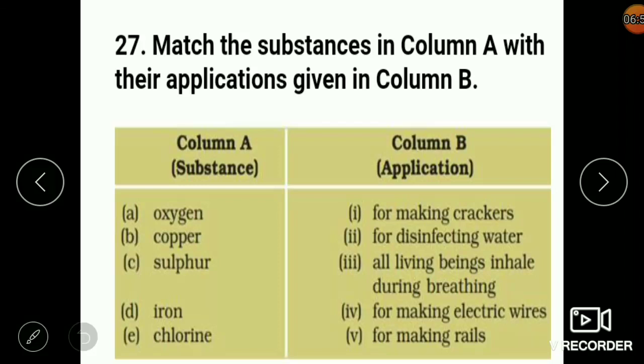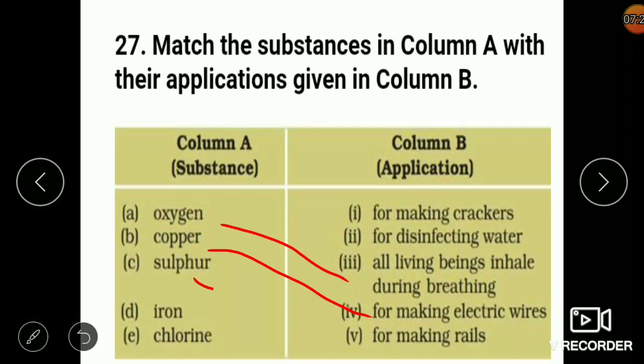Okay, oxygen. So what is the use of oxygen? The use of oxygen is that all living beings inhale it during breathing. What is the use of copper? Copper is used for making electrical wire. Sulfur, the use of sulfur is... it won't be sulfur, it must be phosphorus.